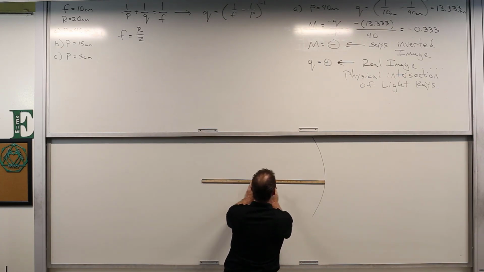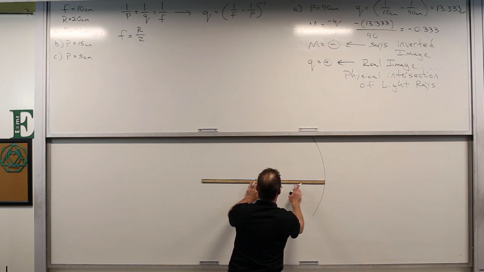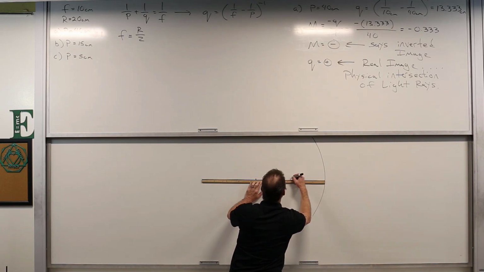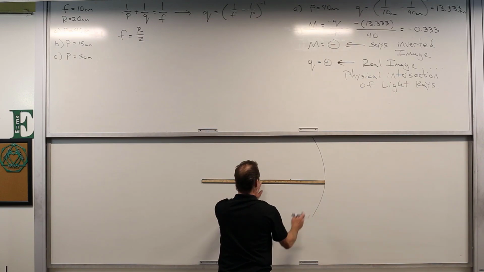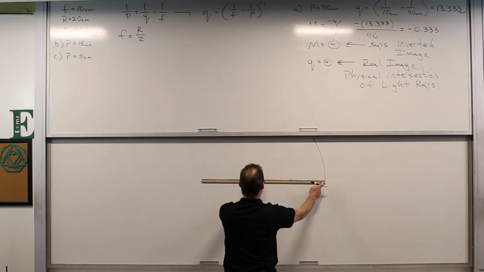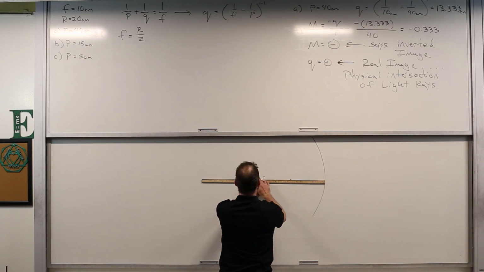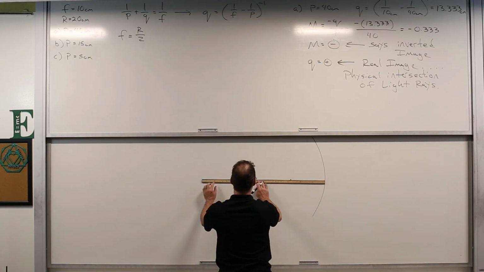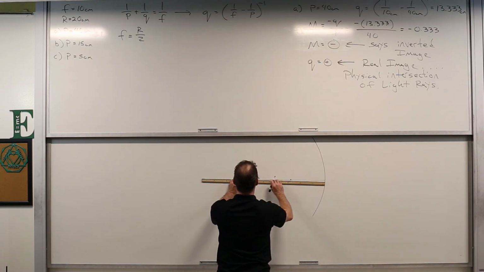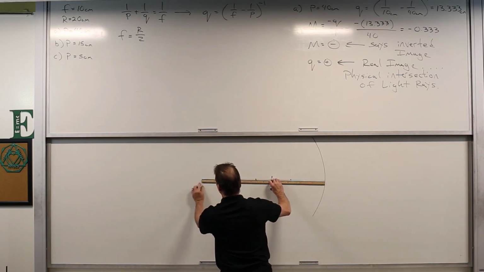This is 56. So we want to go 28 approximately. So there's our focal point, halfway in between. And then if we double this, we are 40 centimeters away. So 56, 56, and 12.